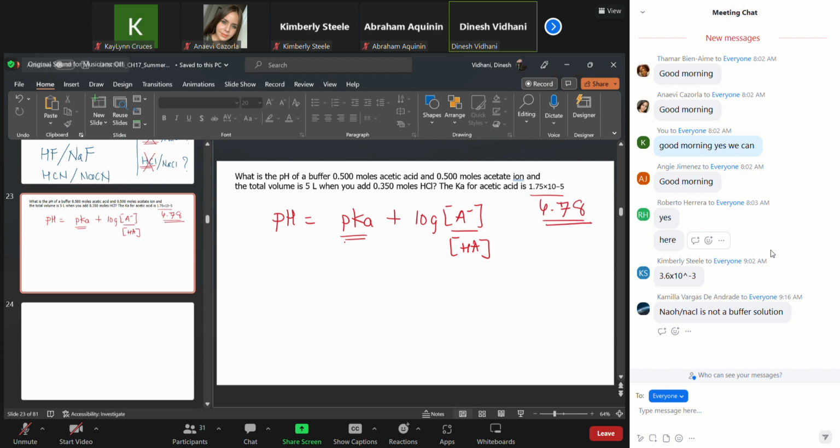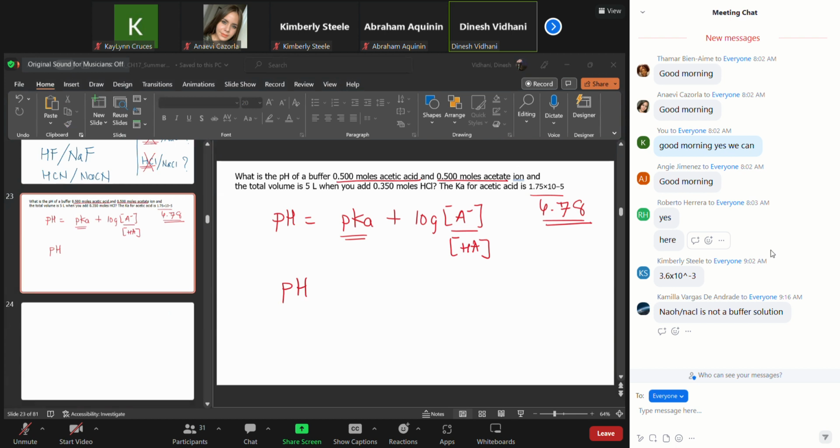Are you given A minus before you added HCl? Yes, you are given acetate 0.5. You are given acetic acid 0.5. Can you find me the pH now? But guys, be careful.